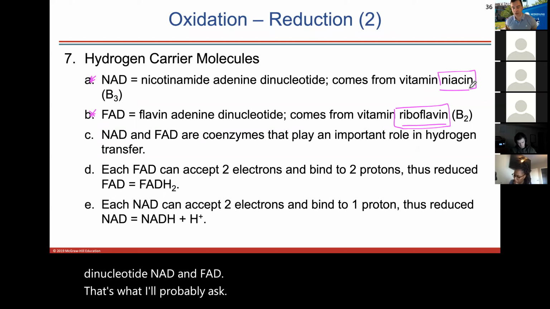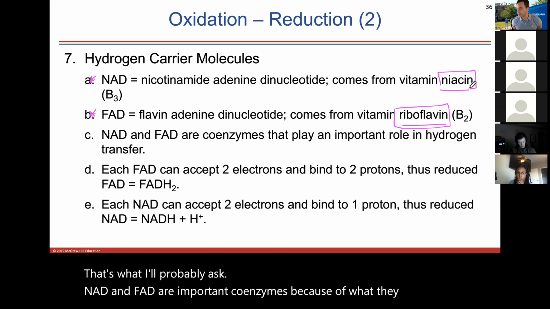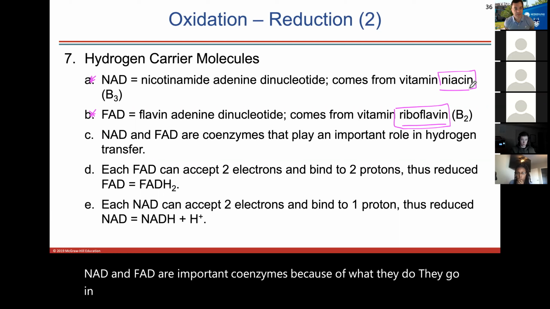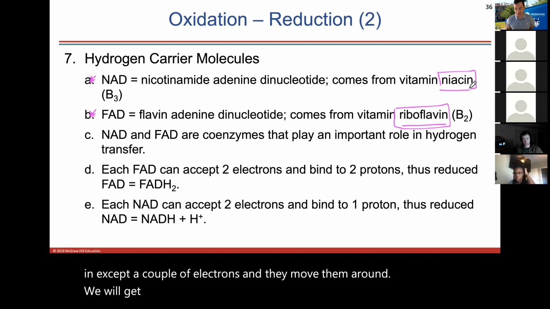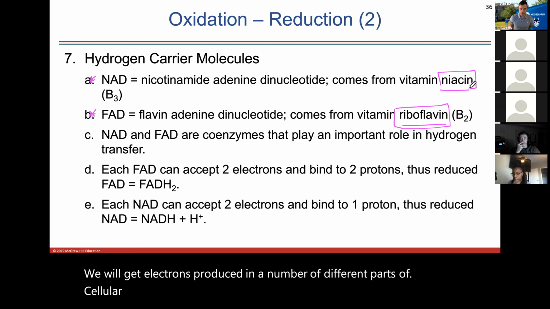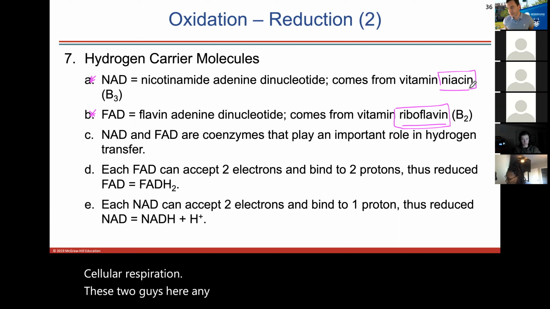NAD and FAD are important coenzymes because of what they do. They go in, accept a couple of electrons, and they move them around. We will get electrons produced in a number of different parts of cellular respiration. These two guys here, NAD and FAD, help to pick up those electrons that get produced.